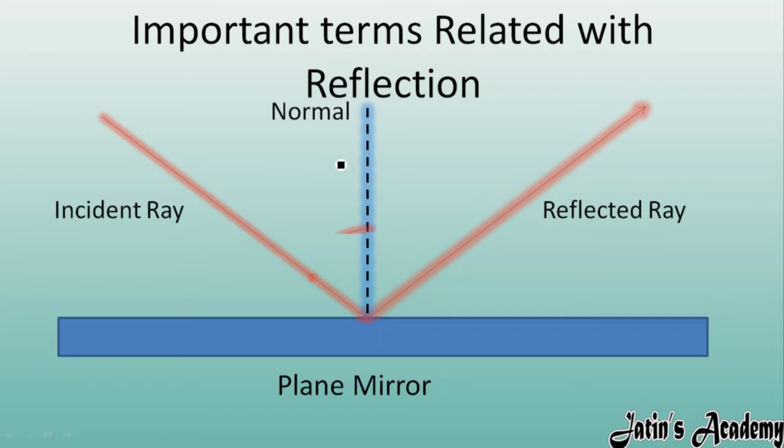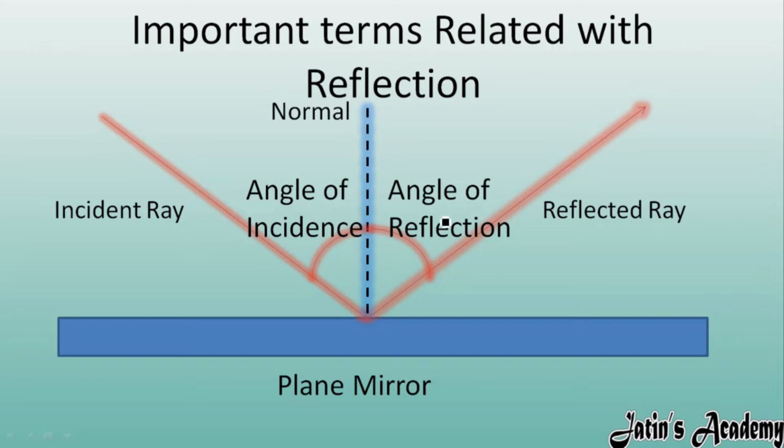Next, we have the angle made between the incident ray and normal. Whatever angle is made between the incident ray and normal, that angle is known as the angle of incidence. Similarly, the angle between the reflected ray and normal is known as the angle of reflection. Fine. First we have the plane mirror, then the ray coming from outside and striking the plane mirror is the incident ray.